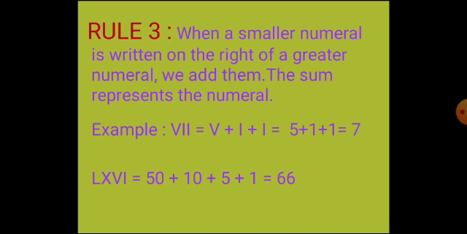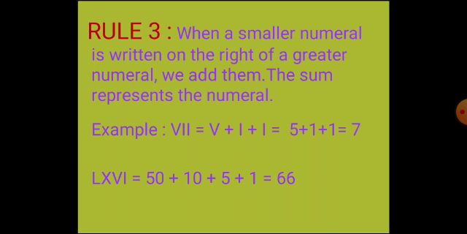Next, rule 3. When a smaller numeral is written on the right of a greater numeral, we add them. The sum represents the numeral. That means first we write the greater numeral, next we write the smaller numerals, then we add the values to get the final numeral. For example, VII. The value of V is 5 and the value of I is 1.